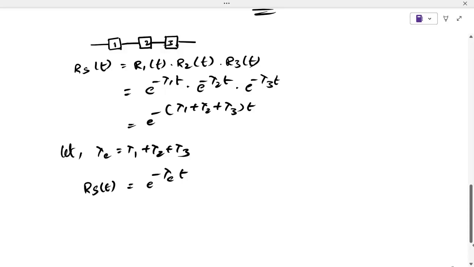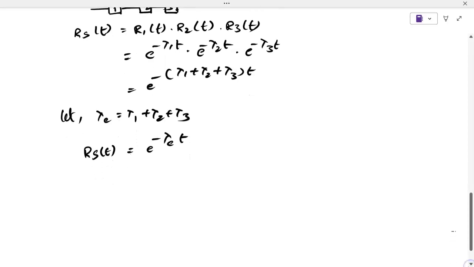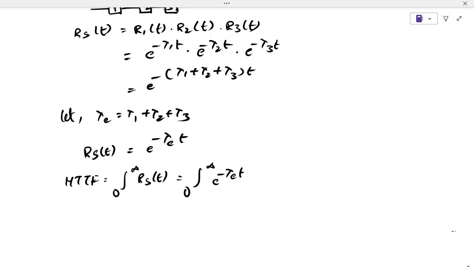Now for these three components in series, if you write the mean time to failure, that is equal to integral 0 to infinity Rs of t, that is equal to integral 0 to infinity e power minus lambda e t, that is equal to e power minus lambda e t by minus lambda e, from 0 to infinity.